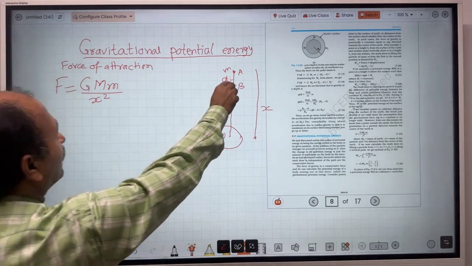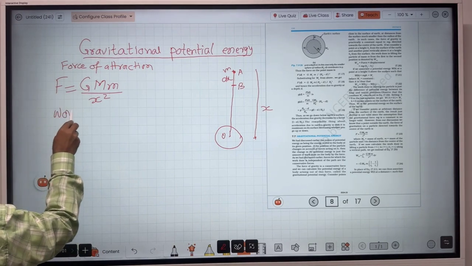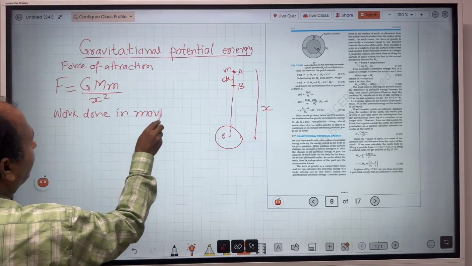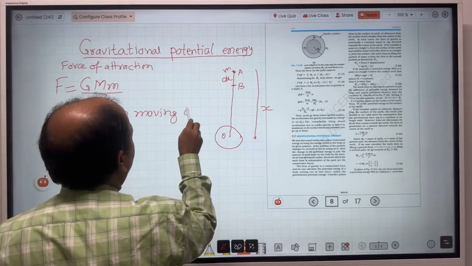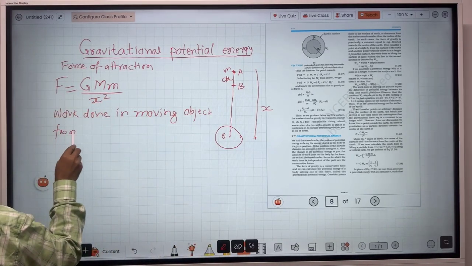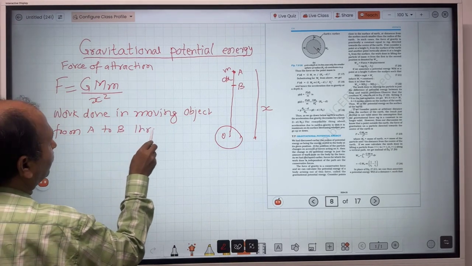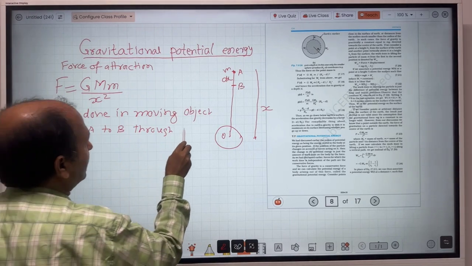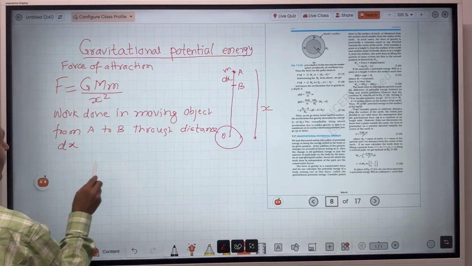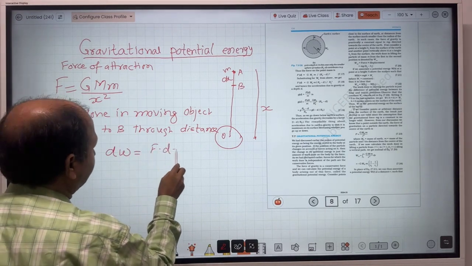Now suppose the object moves from A to B. So what work will be done? Work done in moving the object from A to B through distance dx is dW equal to F dx.